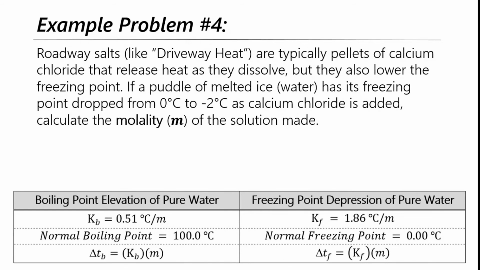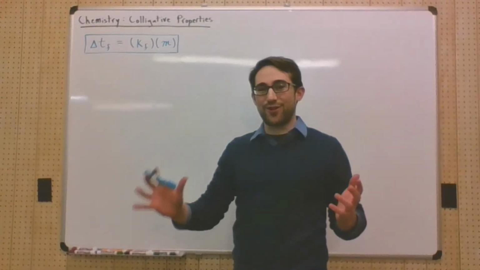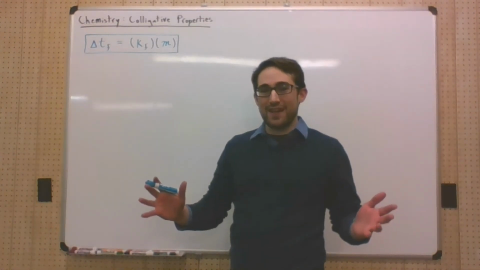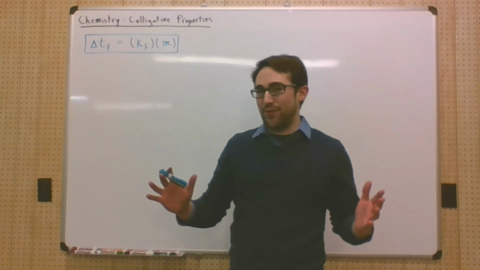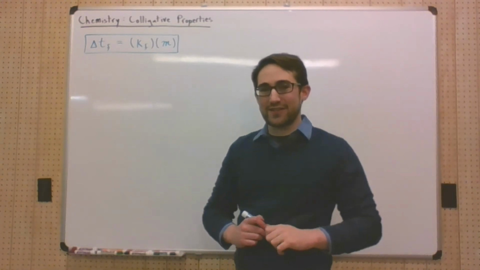And since our freezing point has dropped from 0 degrees Celsius to negative 2 degrees Celsius, we can figure out the delta TF for that. In this last example, all that we're given is that our calcium chloride solution, our driveway heat stuff, or roadway salt, is decreasing the freezing point from 0 degrees Celsius down to negative 2 degrees Celsius.